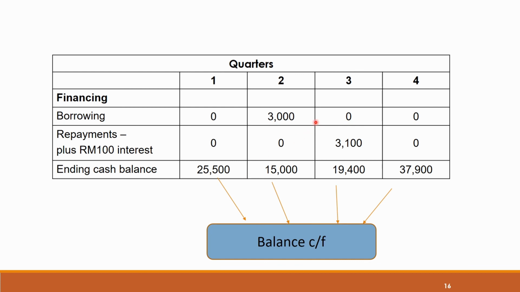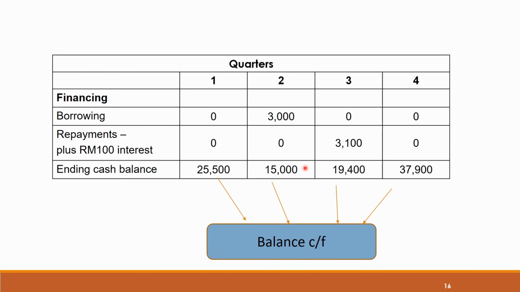And you can find out that in the second quarter, we have less cash available, and we have to borrow from the bank in the second quarter. When you want to borrow, we have to follow the policy of the company to make sure that the minimum cash available is 15,000.